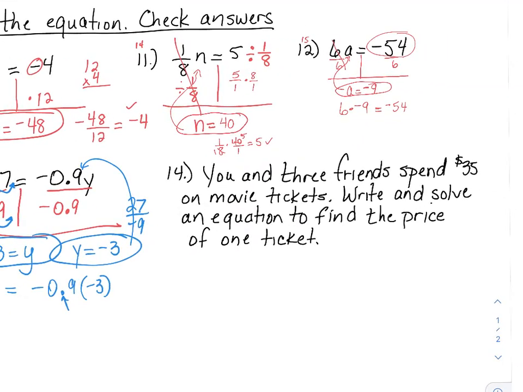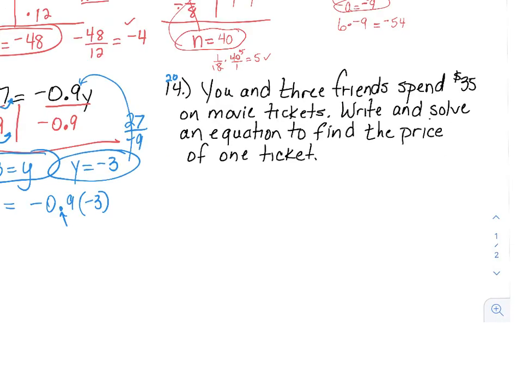All right, number 4. My number 14 is the book's number 20. Okay, we are trying to find the price of one ticket. So we're going to let P equal the price of one ticket. You and 3 friends spend $35.